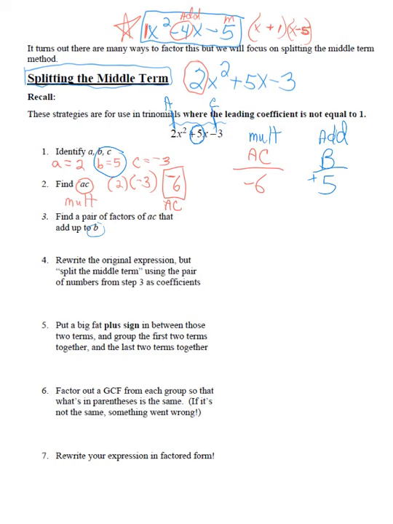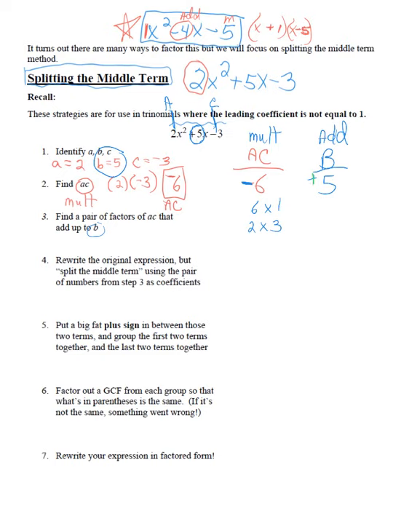Okay. So what I have to do is think about what's the right combination for that to happen. So let's go with 6. We know it's 6 times 1 or 2 times 3. That's the only way I can make 6, right? Now, it's got to multiply to be negative. That means one's got to be positive and one's got to be negative.